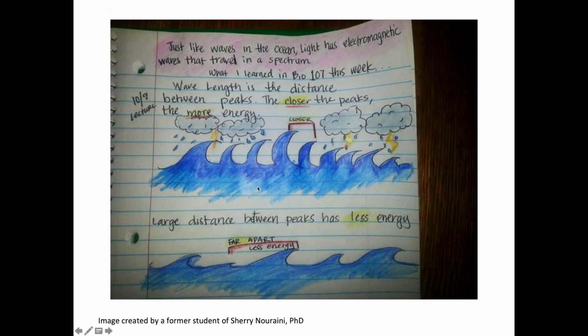In this drawing, which a student of mine from previous semesters has drawn, there's an analogy for you to visualize it. So think about the sea in two different conditions: a sea or ocean in really stormy weather, and a calm sea.